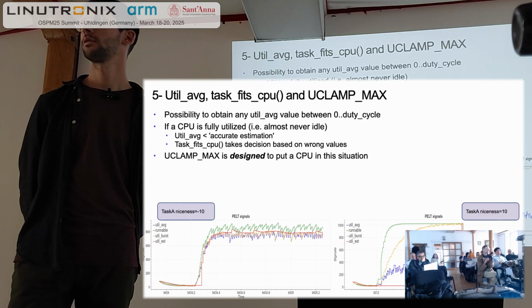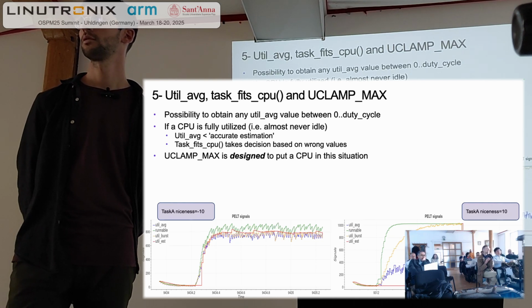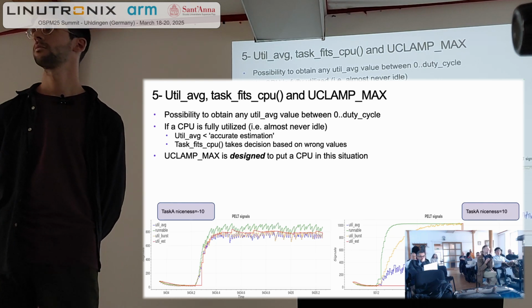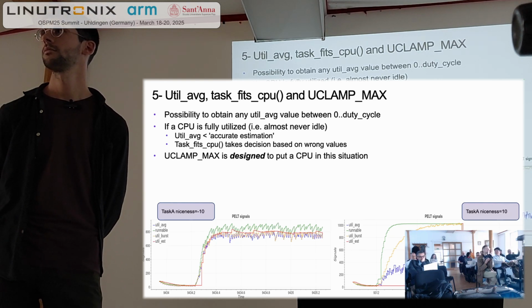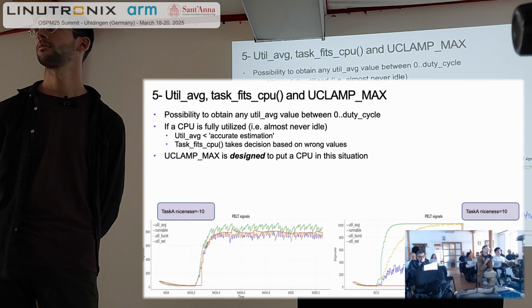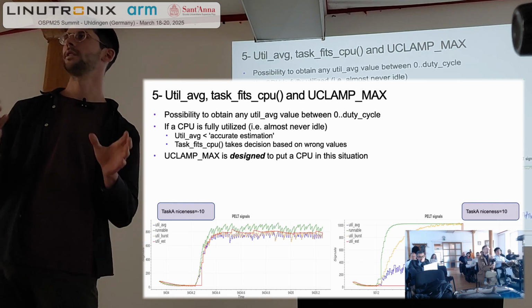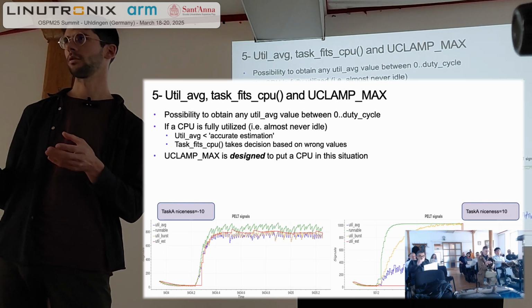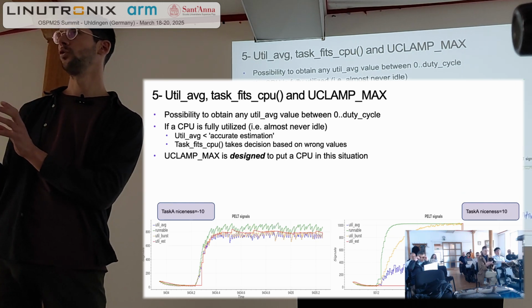Yeah, but on the other side, is it a real problem? Because we know that those tasks are expected to just consume little, so in this case, effectively we are making decisions on utilization values.